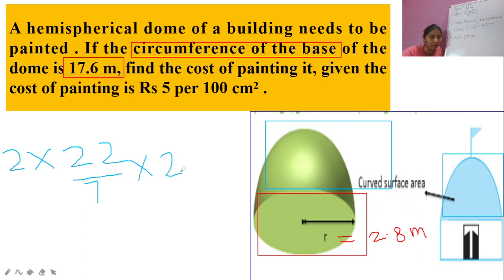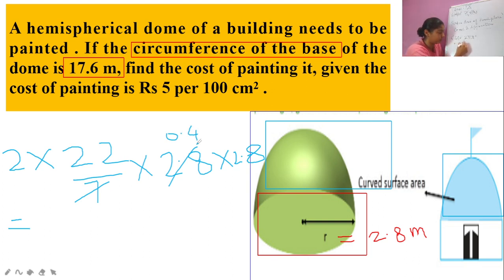And for r square, we have r as 2.8 as well as 2.8. Just cancel out those terms which need to be cancelled, and then calculate the values. So at the last, we get 2 into 22 into 0.4 and 2.8.